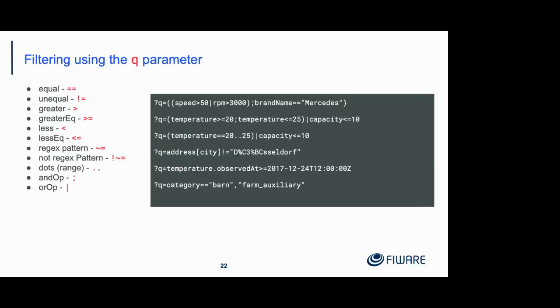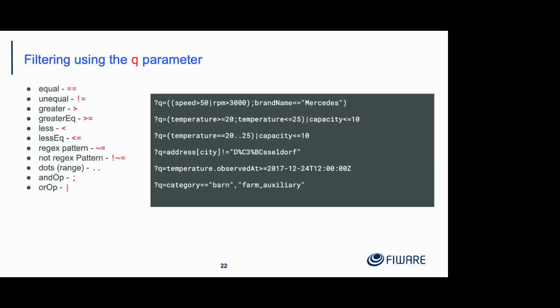and the double dot is used for range operations. This obviously can keep your queries simpler. So temperature range from 20 to 25 is the same as temperature equal or greater than 20 and less than or equal to 25. Obviously, the or operation will change.